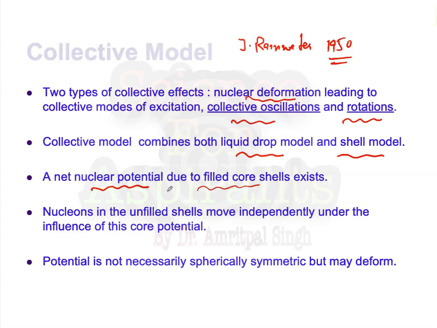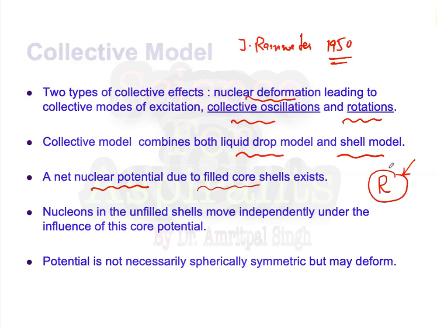Due to this changing nuclear potential, there is a change in the radius of the nucleus. So the radius of the nucleus is no longer fixed throughout the motion of these nucleons.